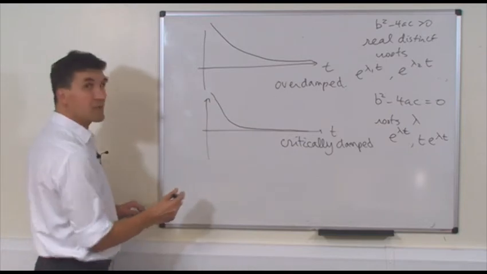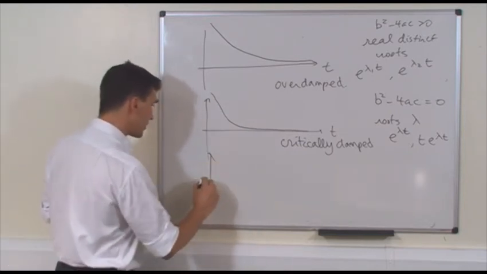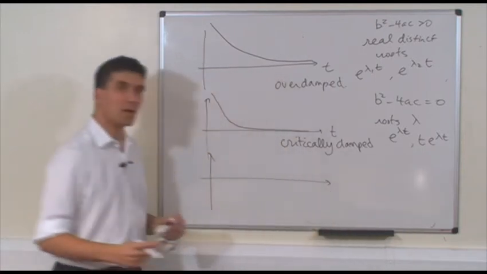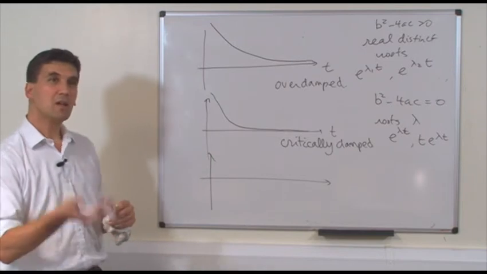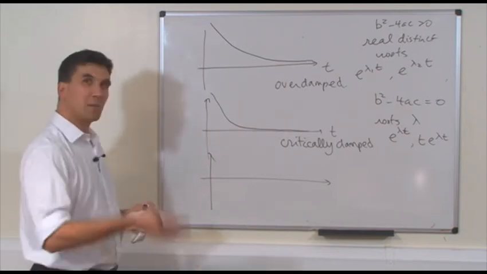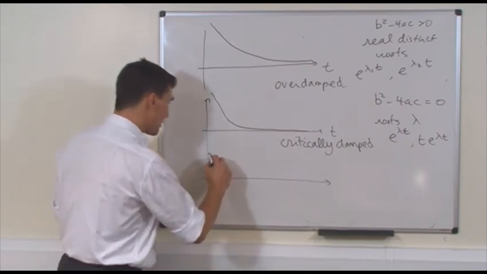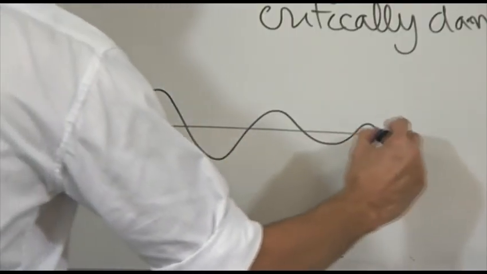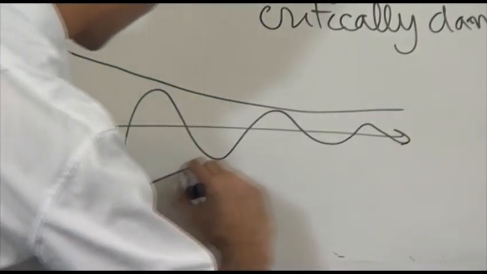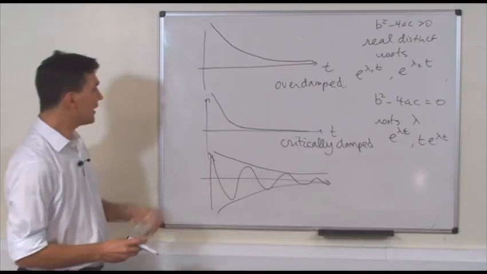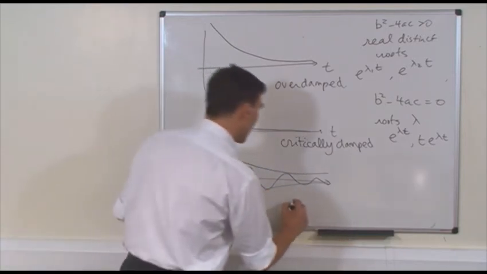And the third case is where we have complex roots. In that case, what happens is you give your car a bit of a bump and its shock absorber, instead of smoothly taking you back to an equilibrium, bounces you up and down, perhaps with a decaying oscillation. So solutions of that look like this, with an envelope of exponential decay and an oscillatory behavior in the middle. And this is called underdamped.